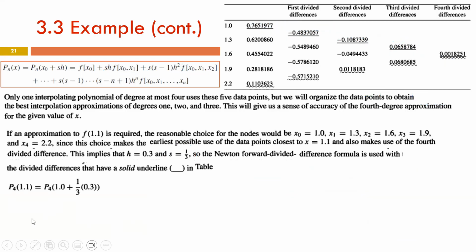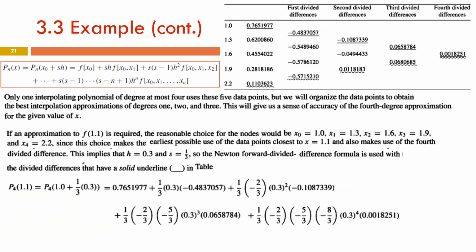It becomes clearer if we look at backward difference. Okay. So what is this? This is x0 plus sh. This is x. This is s. This is h. This is s minus 1 h squared. s minus 1 s minus 2 h cube. s minus 1 s minus 2 s minus 3 h4.